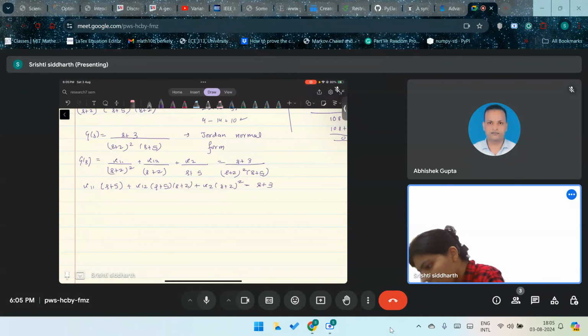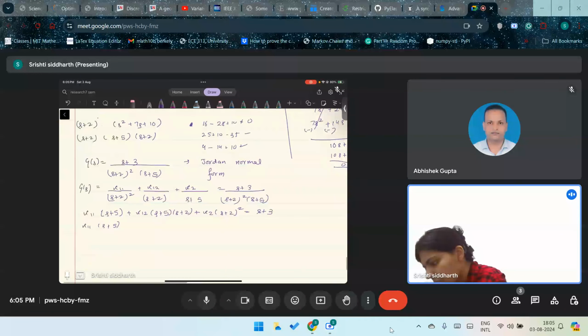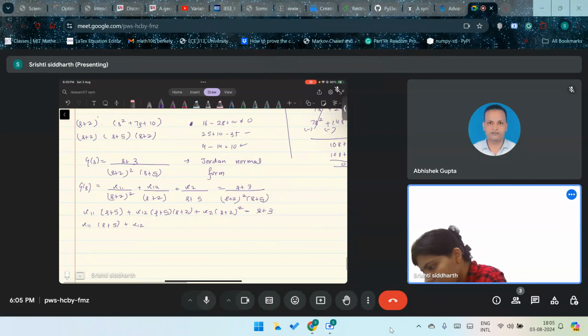So let's see. What we can do is just expand this first. You already know what this is, so that's s squared plus 7s plus 10, plus c2 times s squared plus 4s plus 4.